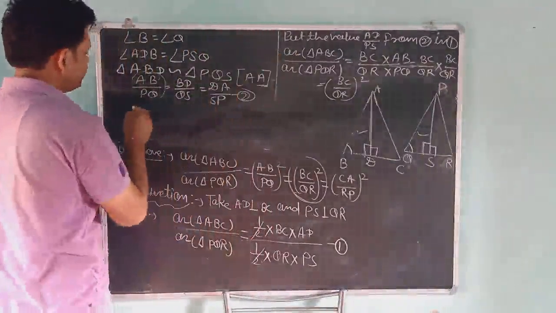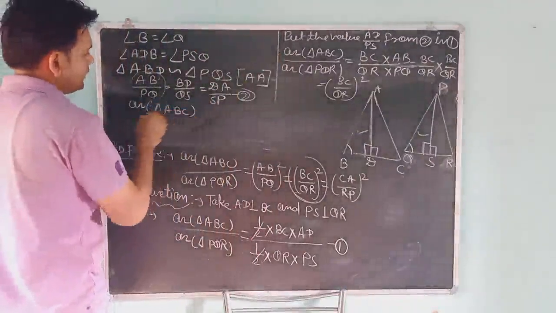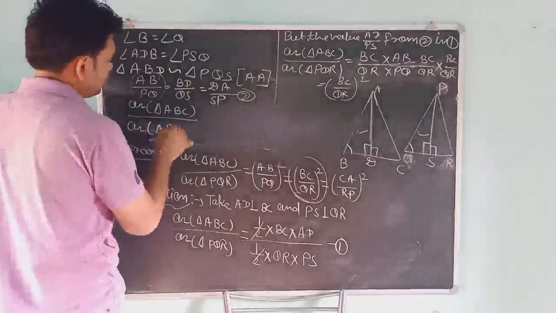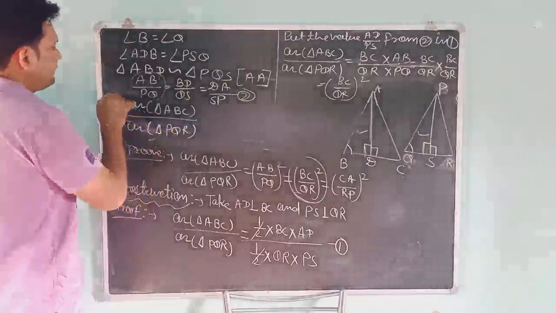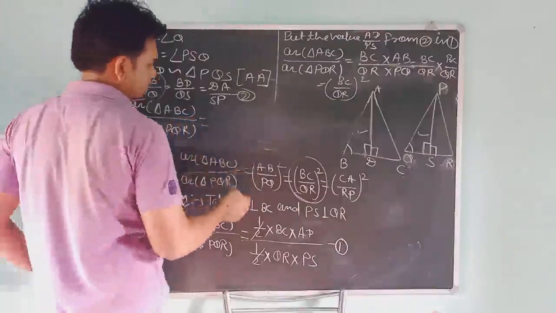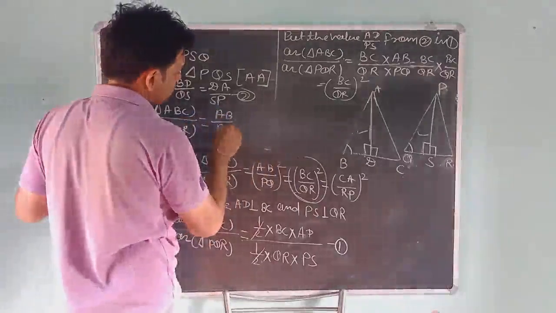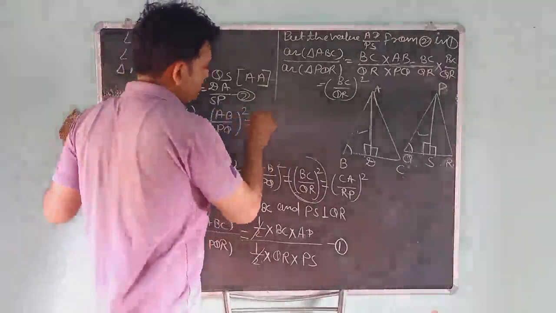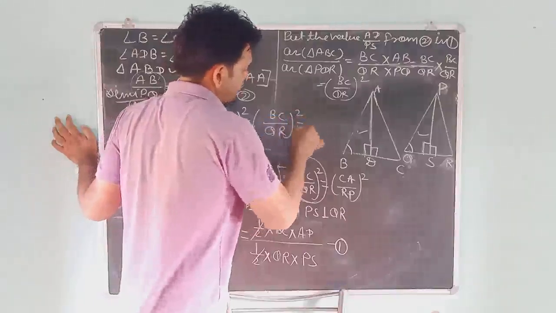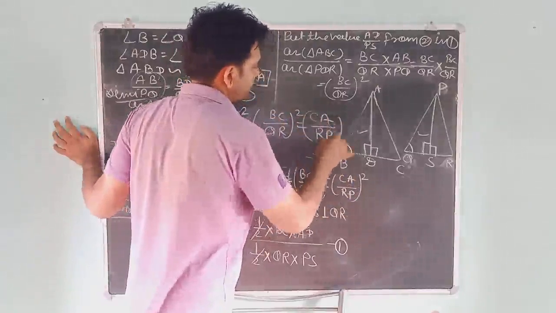Area of triangle ABC upon area of triangle PQR. Here you will write similarly, AB upon PQ whole square equal BC upon QR whole square equal CA upon RP whole square.